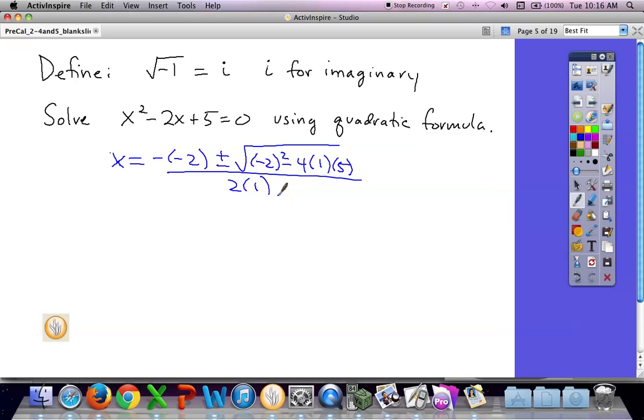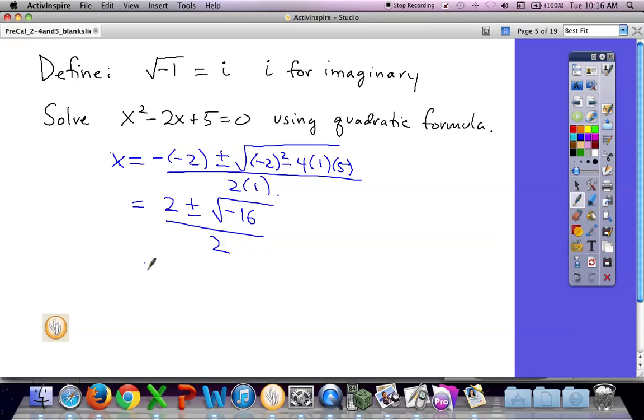Simplify. Equals 2 plus or minus the square root of 4 minus 20, which is -16, over 2. Now, if you tried to take the square root of -16, your calculator would say non-real solution. But if we use this definition, then the square root of -1 is i.